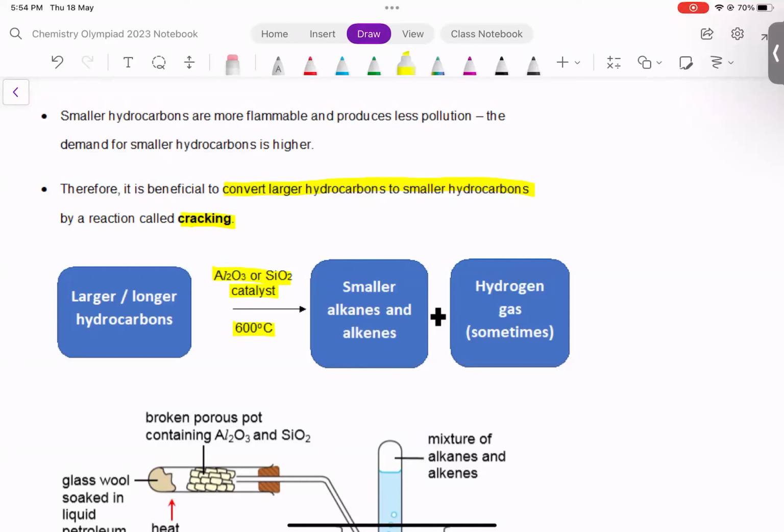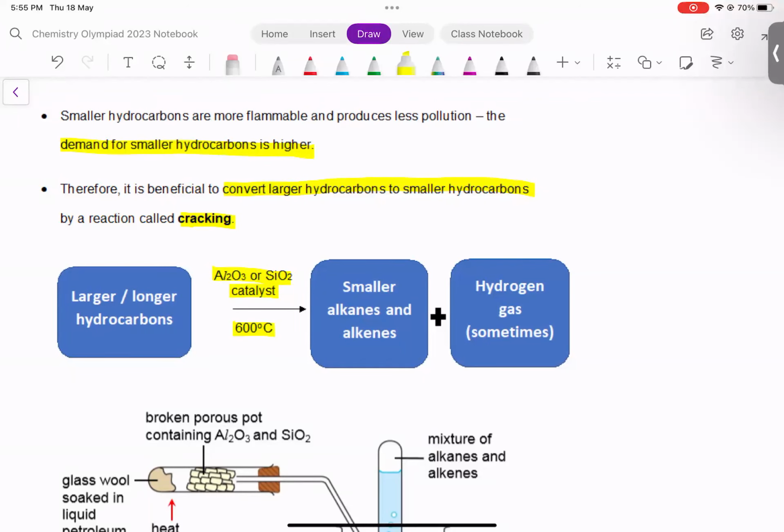Now, what is the importance or the significance or the uses of cracking? Cracking is useful because the demand for smaller hydrocarbons is higher. So we need cracking to meet the demand for smaller hydrocarbons, which is higher. Okay. Now, cracking produces smaller alkanes and alkenes. That's how you get smaller alkenes. Okay. Just a quick revision on cracking.